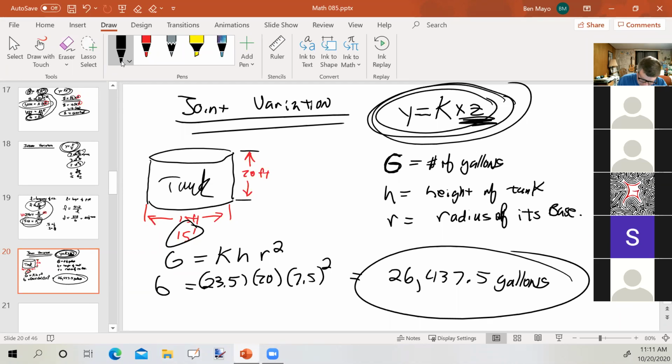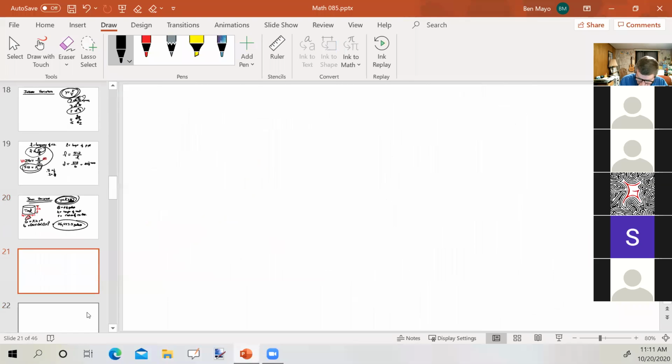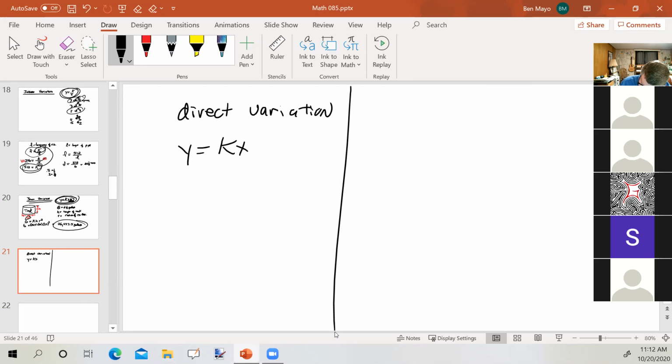So let's do a recap here. We've got direct variation, y equals kx. We've got inverse variation, y equals k over x.